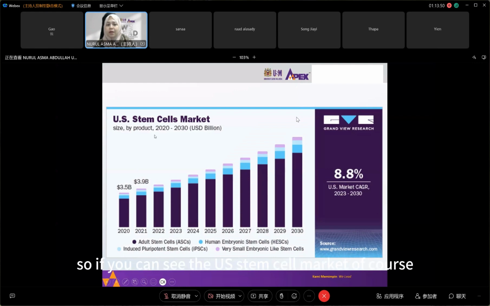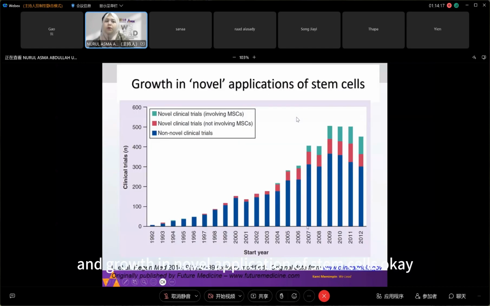If you look at the US stem cell market, of course, the US is leading. They are very well regulated with the FDA and so on. So you can see how big the business in stem cells is. There is an increase in the market or demand for various types of stem cells, and growth in novel applications of stem cells.